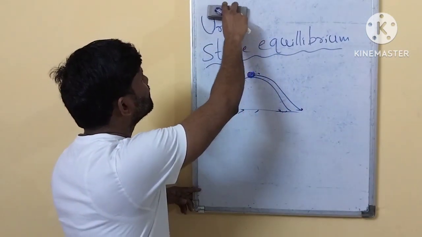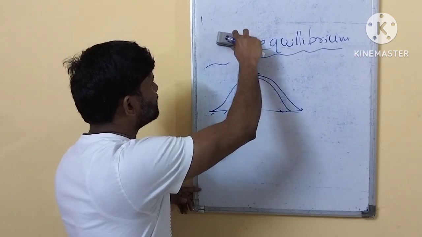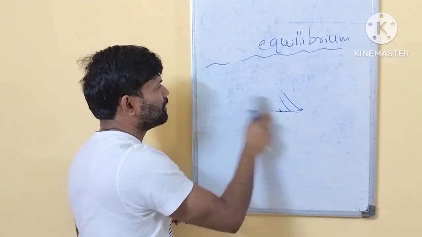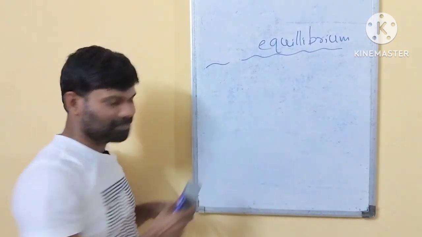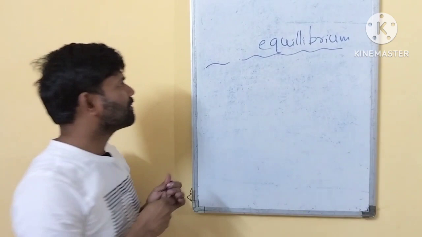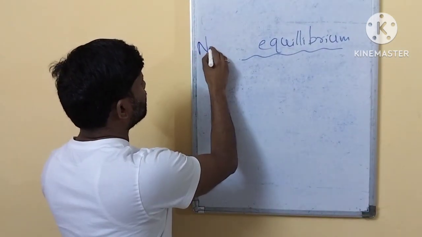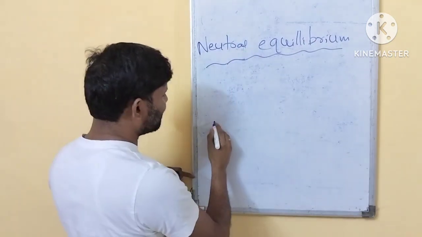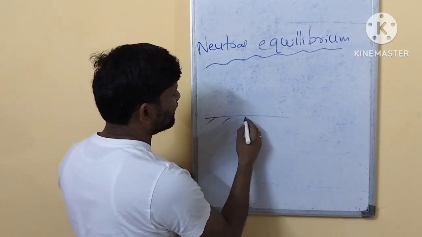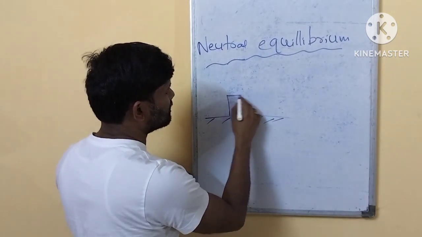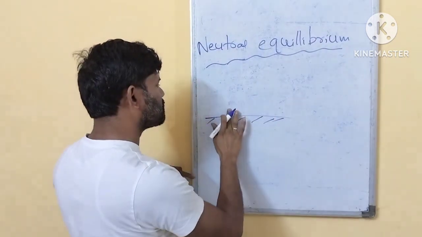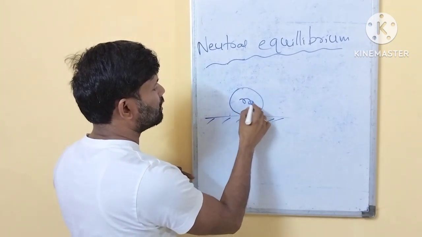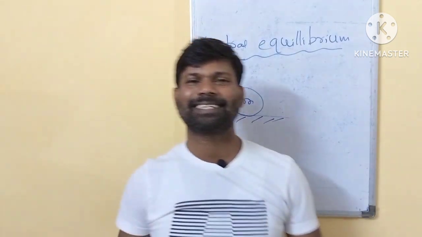Now, one more: neutral equilibrium. Neutral equilibrium means, very well, you can take a simple example: one object on a flat surface.